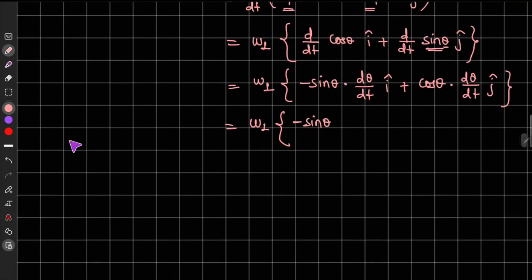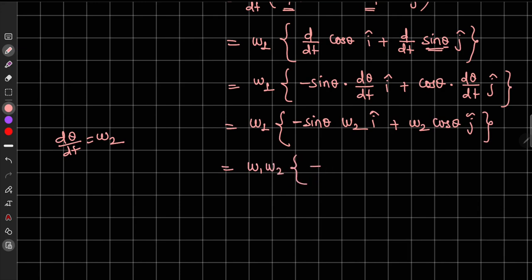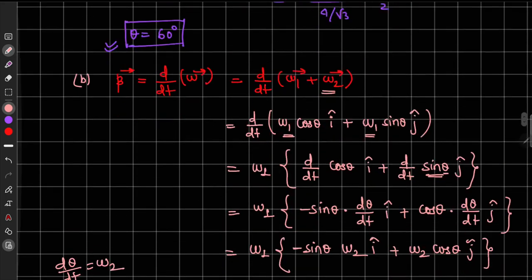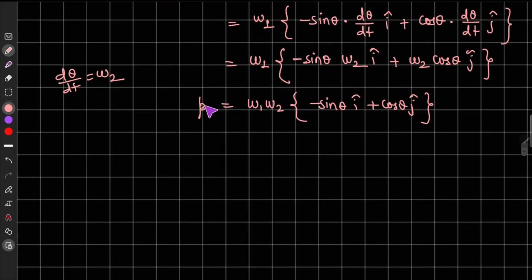So d theta by dt we can write as omega 2. So from here we will get minus omega 2 sin theta i cap plus omega 2 cos theta k cap. So we can write omega 1 omega 2 into minus sin theta i cap plus cos theta k cap. So this is the angular acceleration vector we are having.